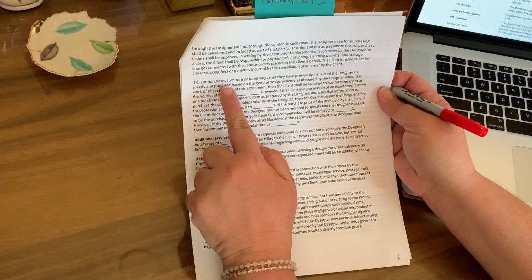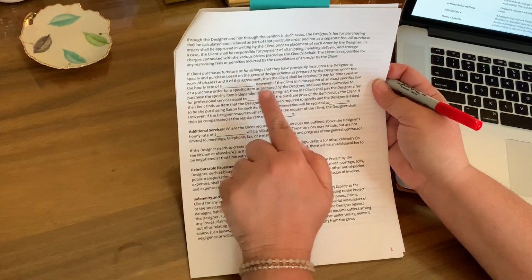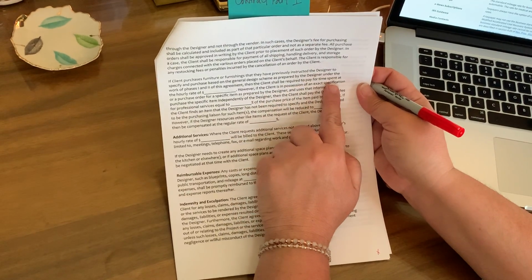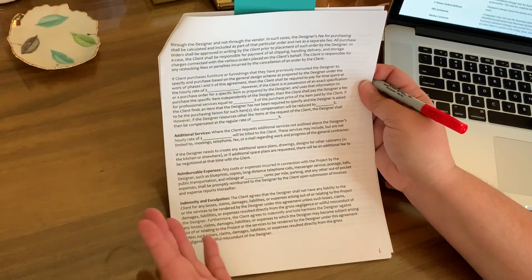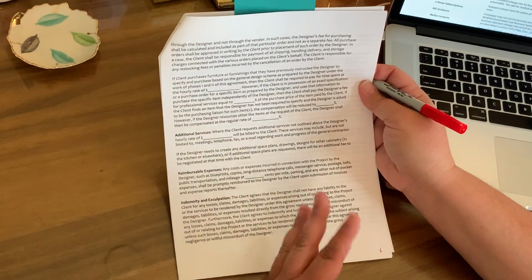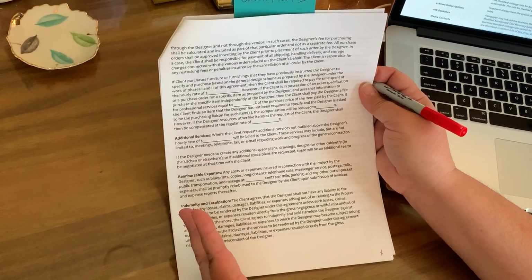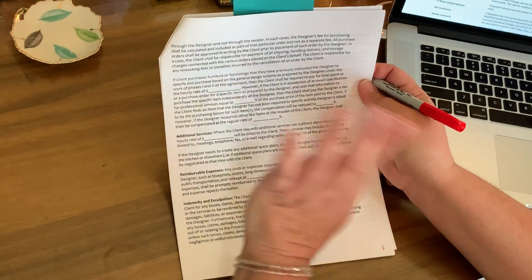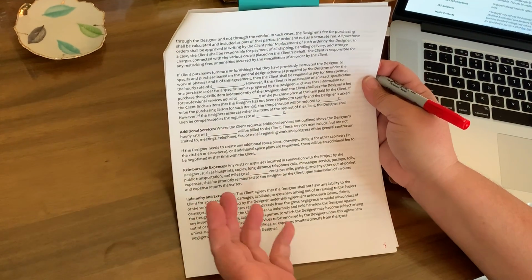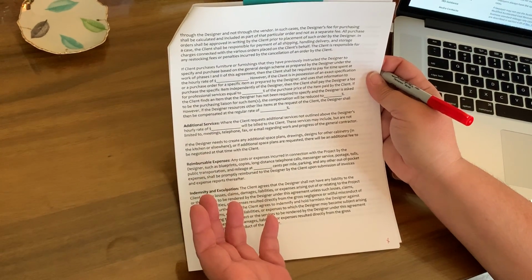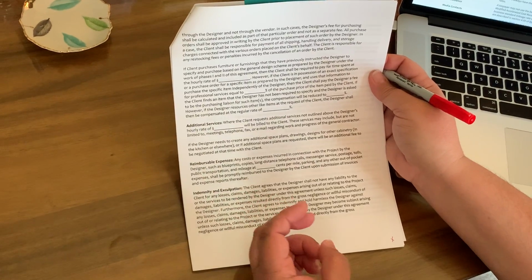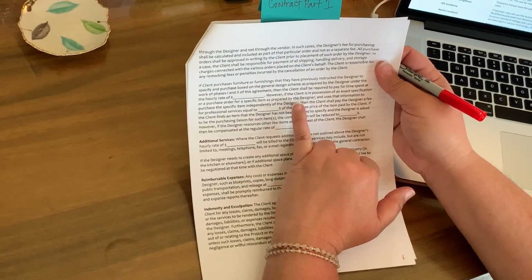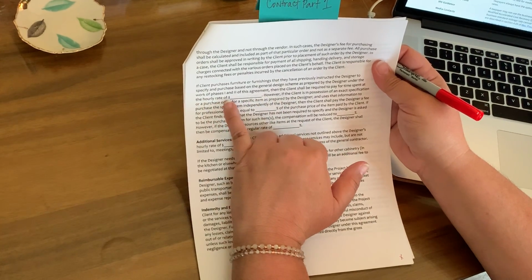But if the client purchases something that you guys have already decided on, then the client shall be required to pay for your time spent. Because let's say you selected it and you were searching for the perfect piece and they went ahead and purchased it and said, oh, never mind, I got that. You still are out all of that time that you took to look for those pieces. So you need to be paid for your hourly rate of this.